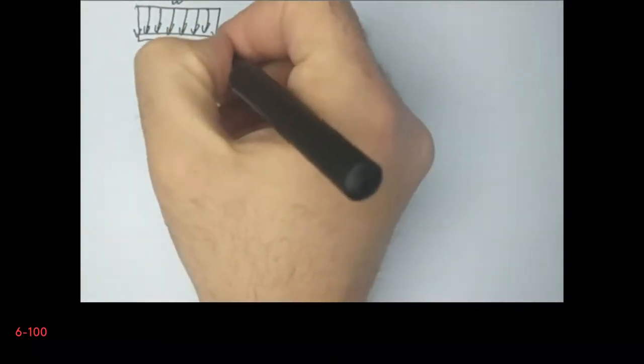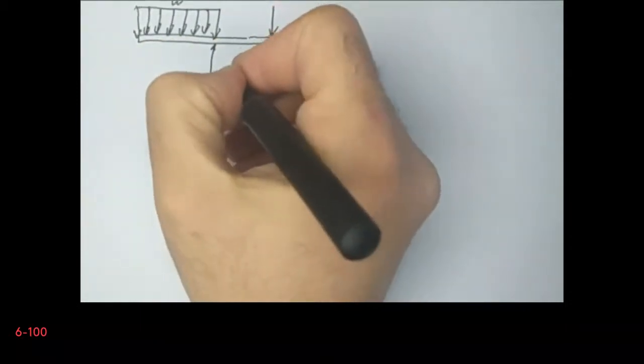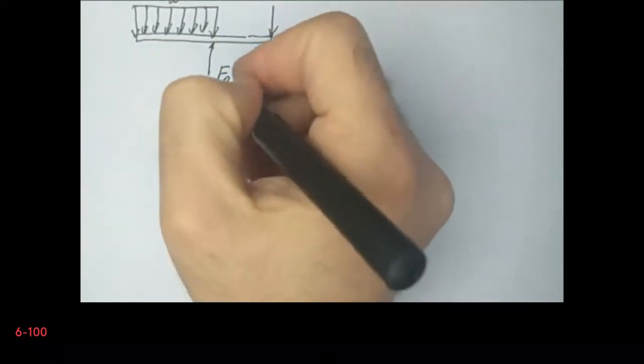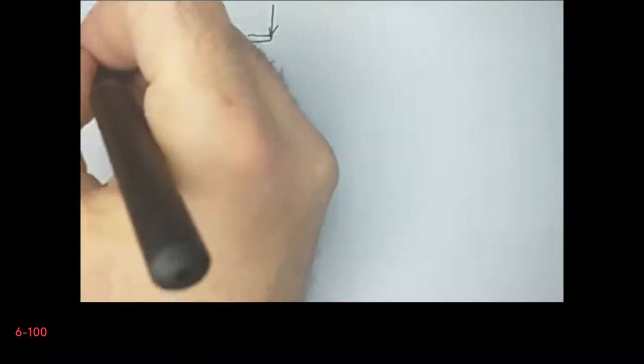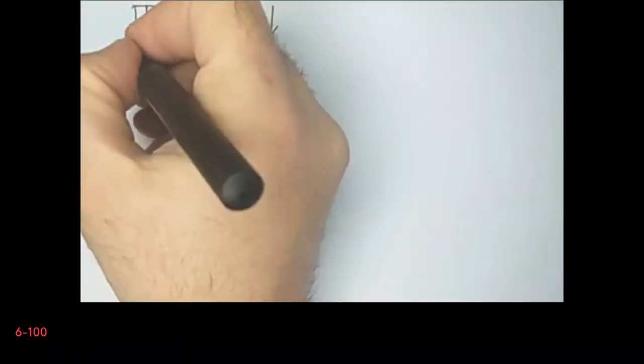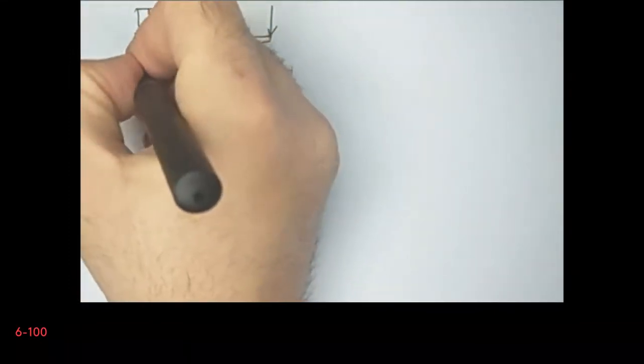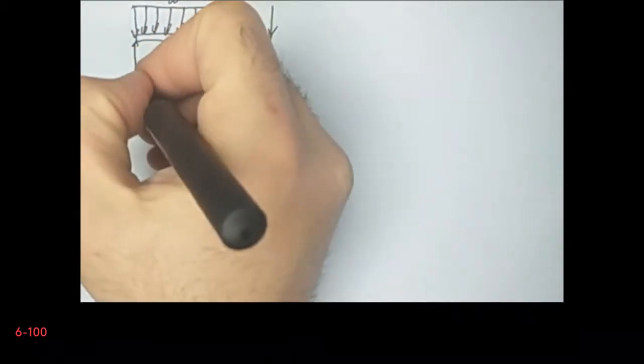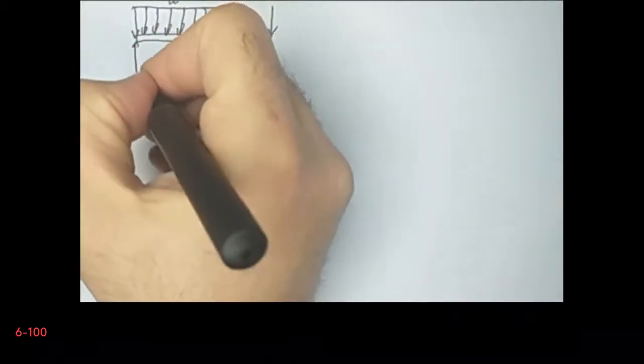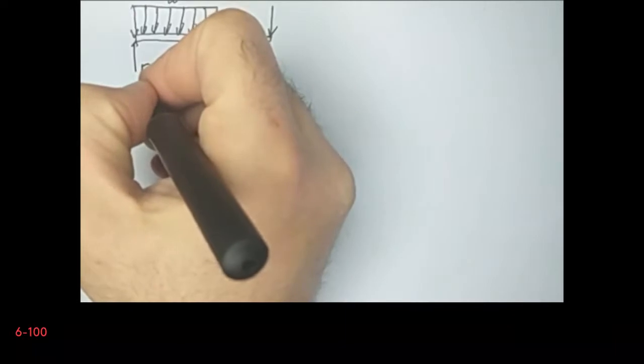At point B, we have only one reaction force in the vertical direction, and at point A we have two support reactions.